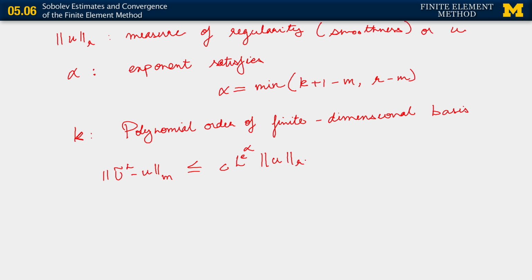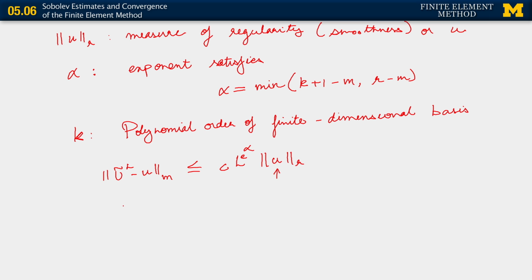Okay, so what this is telling us is that, in most cases, let us suppose, just to fix ideas, that our exact solution is such that we can take derivatives of it up to a very high order, which means it's very smooth.